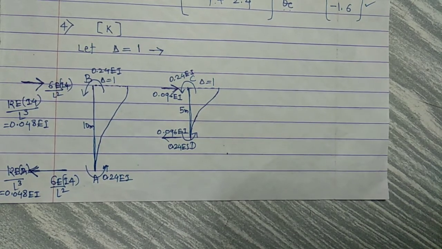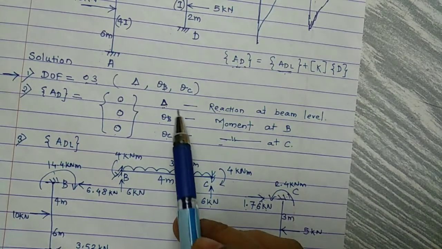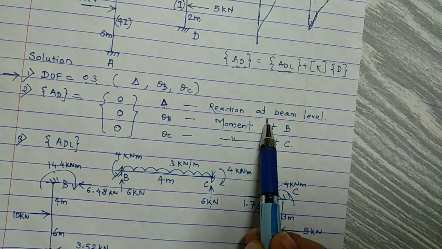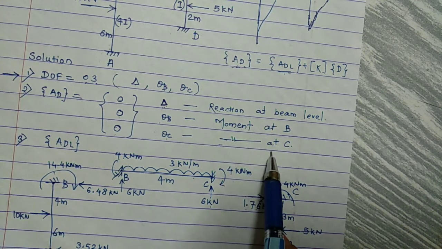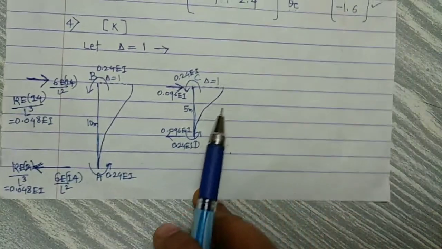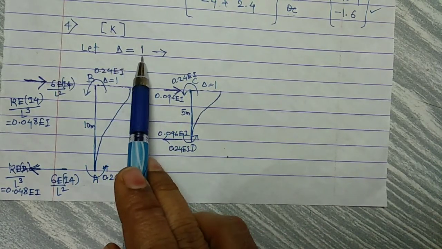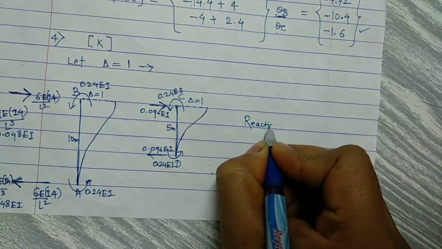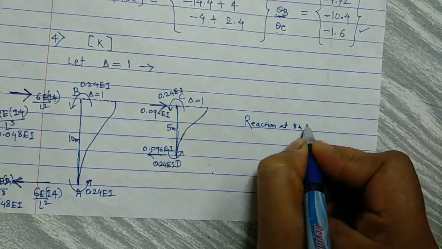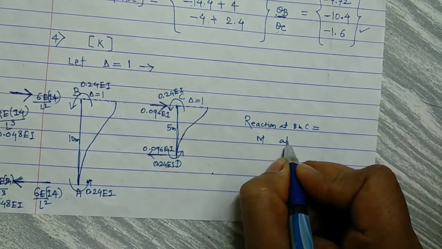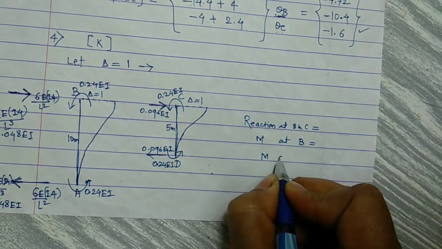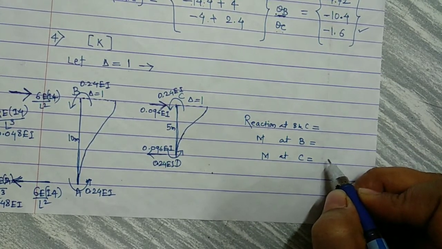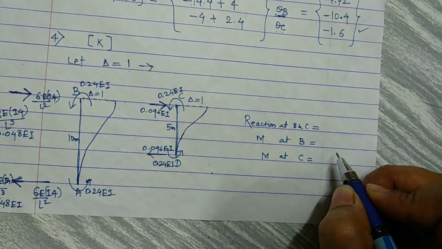Those three values are the actions corresponding to these three unknown degrees of freedom, that is the reaction at B and C, the moment at B, and the moment at C. So simultaneously let us write for each degree of freedom when it is equal to 1 these three values, so that we will directly pick them from each figure and write them in the stiffness matrix K column-wise.